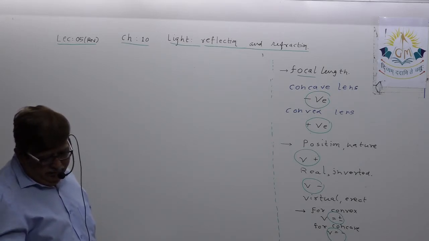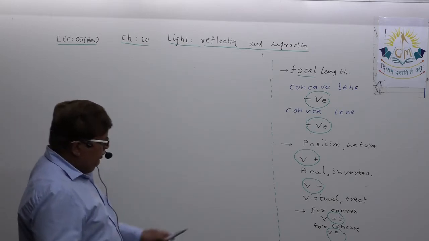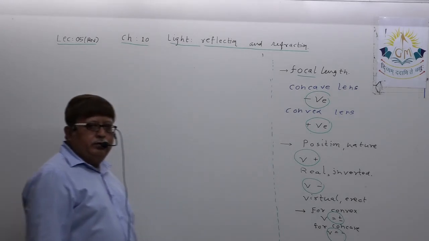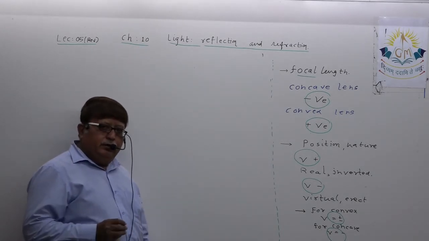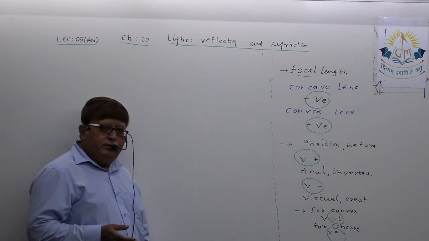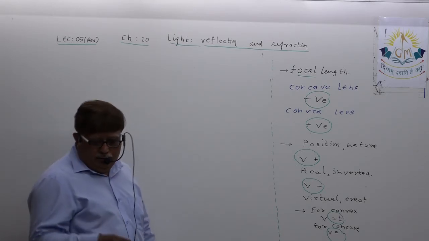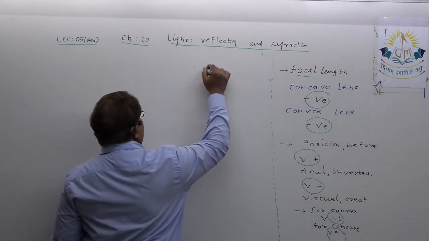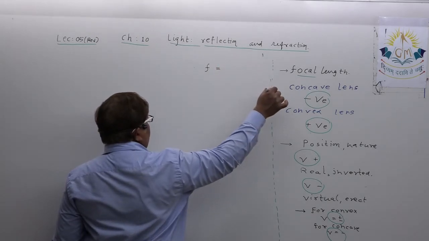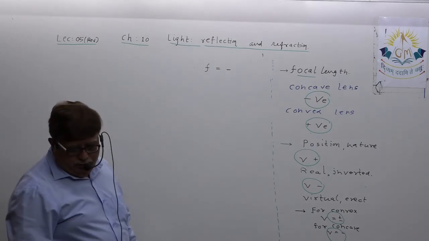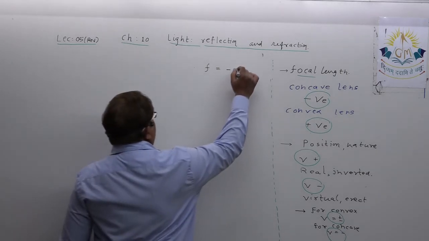What has been mentioned there? Concave lens. The moment you read out the type of the lens, it needs to be struck in your mind. It is a concave lens. Focal length is given as f. Because it is a concave lens, the focal length is going to be negative 20 centimeter.